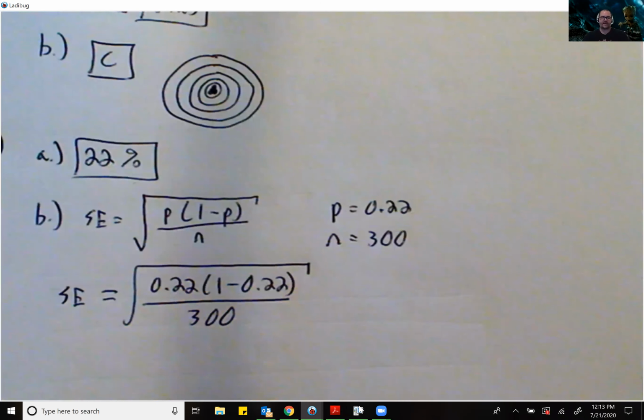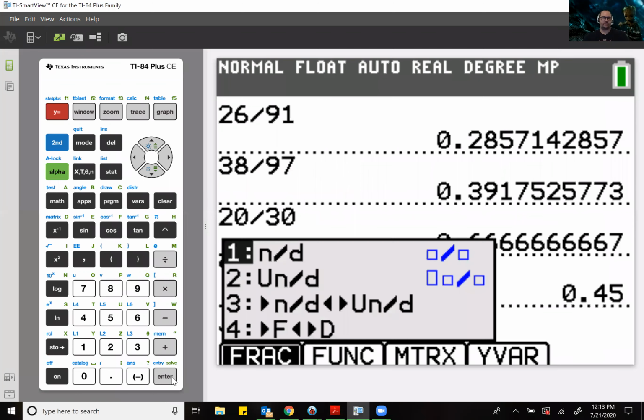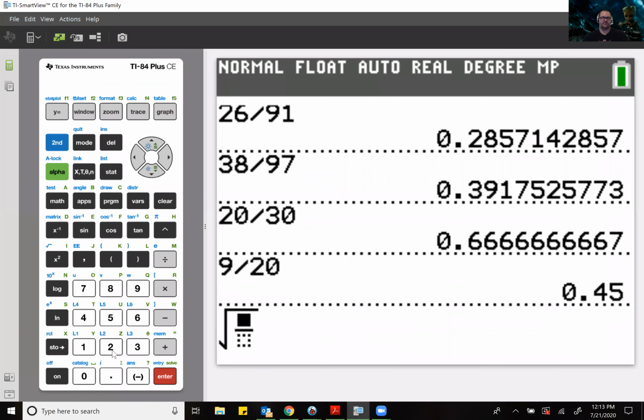And I can go straight to my calculator and let it do this. Second square root, alpha y equals, we're putting in our fraction, 0.22, parenthesis 1 minus 0.22, close, and down below 300. And you hit enter, and there it is. Okay, that's the same way I have it written on my paper.